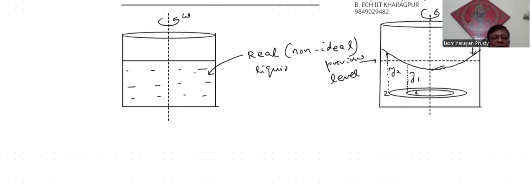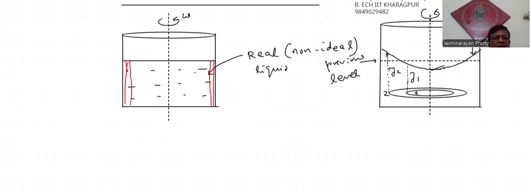So if we rotate the container, will the fluid rotate? Suppose this is an ideal liquid. What will happen if the container rotates? The container wall touches the outermost liquid layer, then the next liquid layer, and another layer.